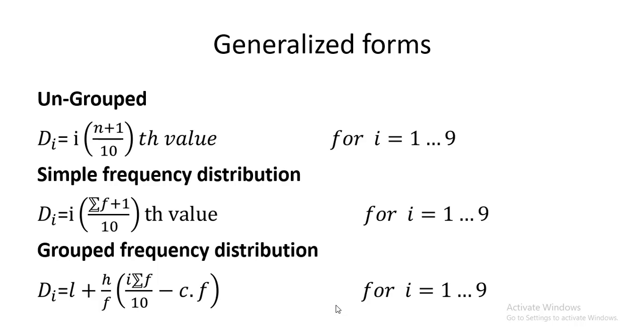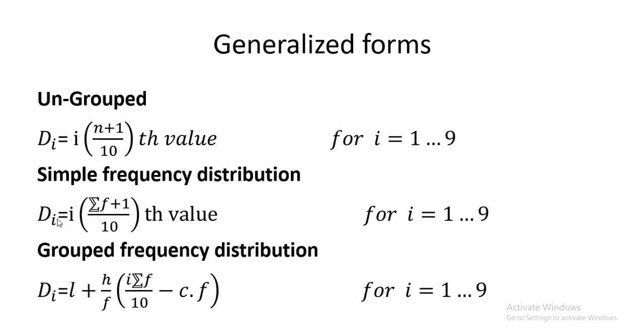If I wanted to calculate the fifth decile for all three cases and I substitute 5 in the position of i, you'll notice that the formula after simplification will turn into the median formula, which is (n plus 1) divided by 2. See, if I substitute 5 here, 5 and 10 cancel, 5 ones are 5, 5 twos are 10. The formula will now be (n plus 1) divided by 2.